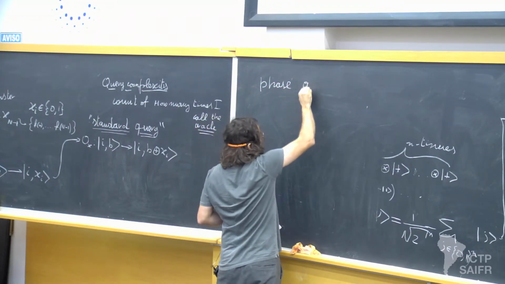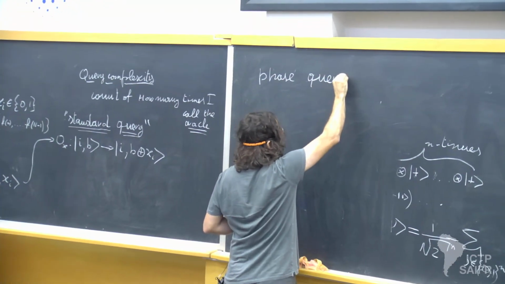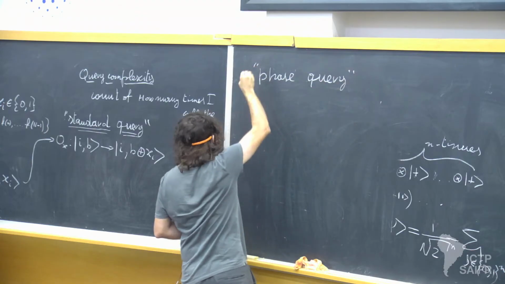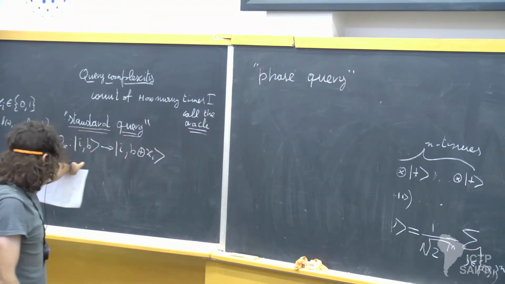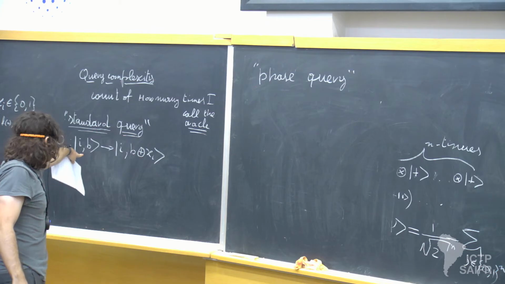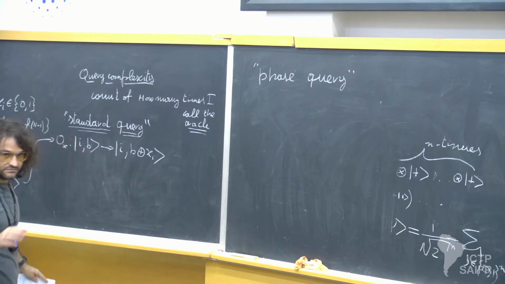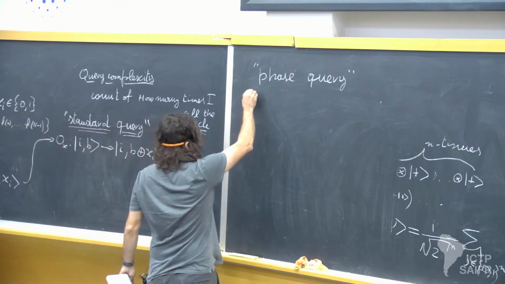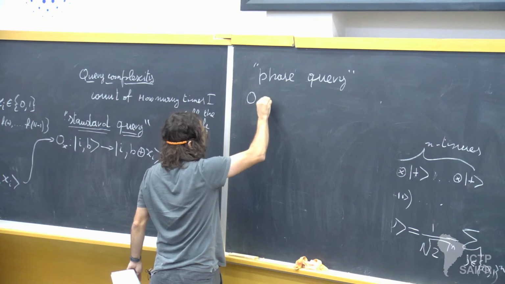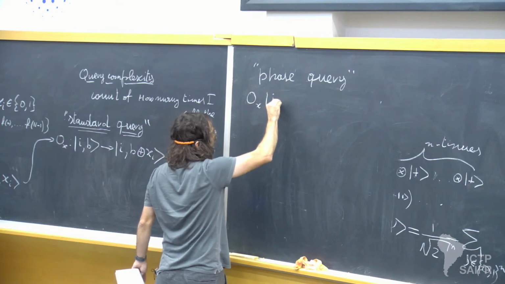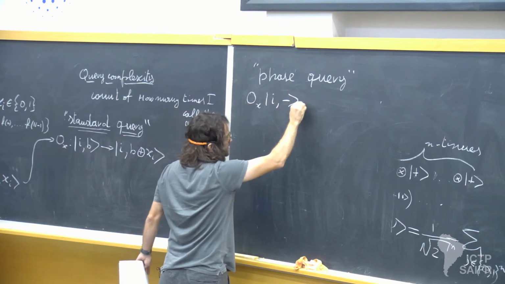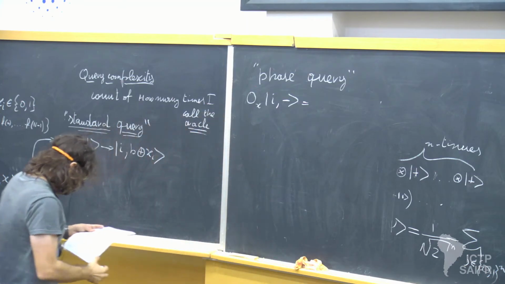This is essentially an exercise. So suppose that we implement a standard query, but we decide to put, instead of 0 and 1, the state minus on the ancilla, so we apply OX over |i>|minus>. What happens?